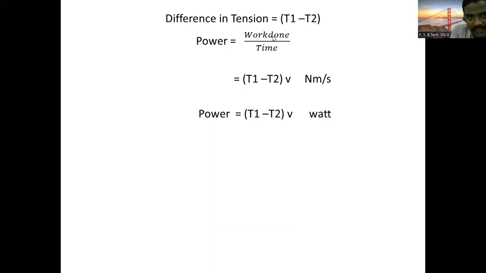Whatever the initial tension is T1, then the upper side tension is T2. So we can say it is an effective driving force, T1 minus T2. We are considering the overall for that particular belt. T1 is the higher tension and T2 is the lower tension. So that is the effective driving force.